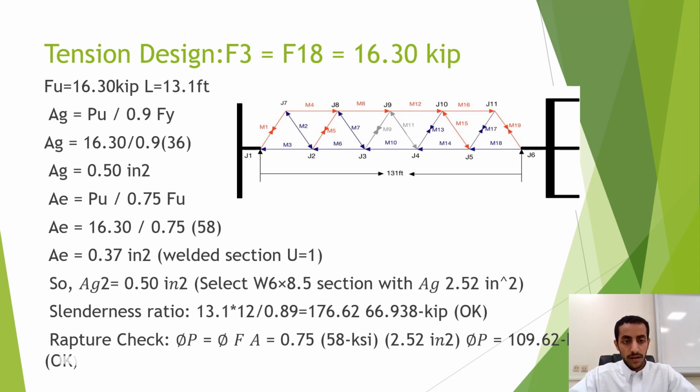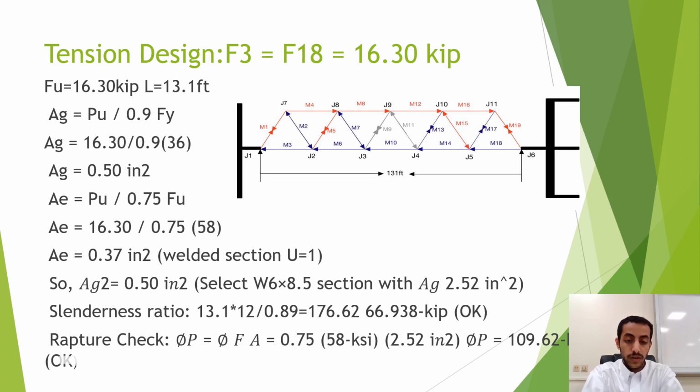And the second step, find the effective area, 16.3 divided by 0.75 multiplied with 58. And then we got our gross area and effective area.